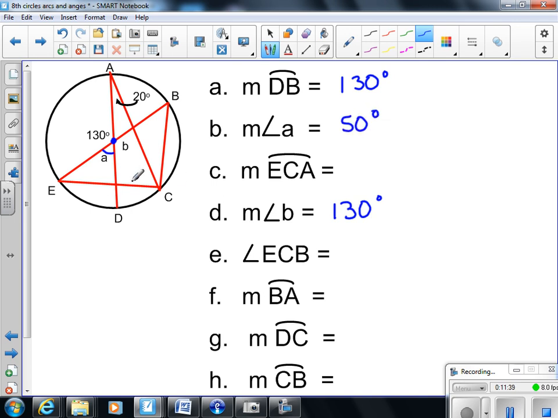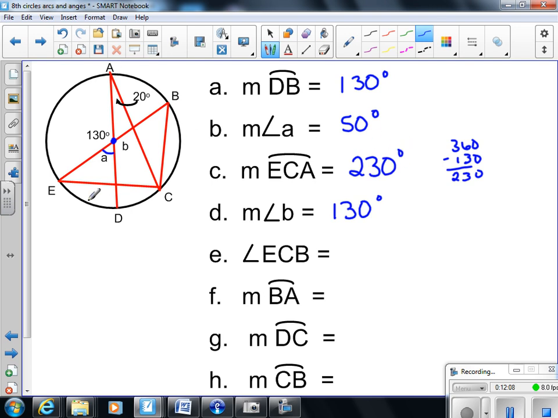Good. Okay, the measure of arc ECA. Now what kind of an arc is this? It is a major arc. We know that the missing part, EA, is 130. Therefore, the rest must be the remaining. So how are you going to calculate that? All right, 360 minus 130 gives you 230 degrees.